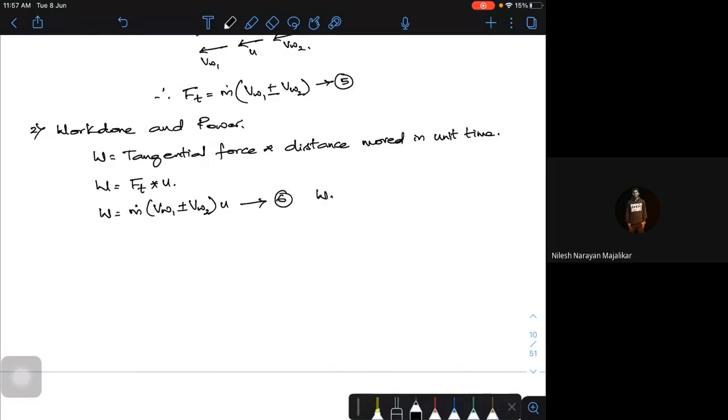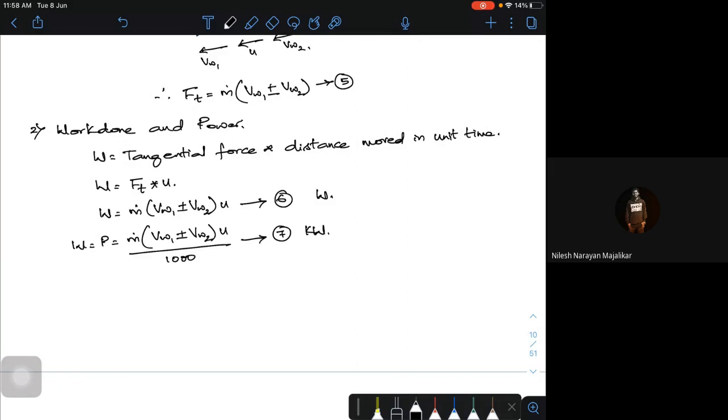Now the same work done is equal to power, m dot into (VW1 plus or minus VW2) into U. Simply I will divide it by 1000. I am calling that equation 7. So I am going to get it in terms of kilowatts. The same equation, mass flow rate into (VW1 plus VW2) into U, if I divide it by 1000, I am going to get it.